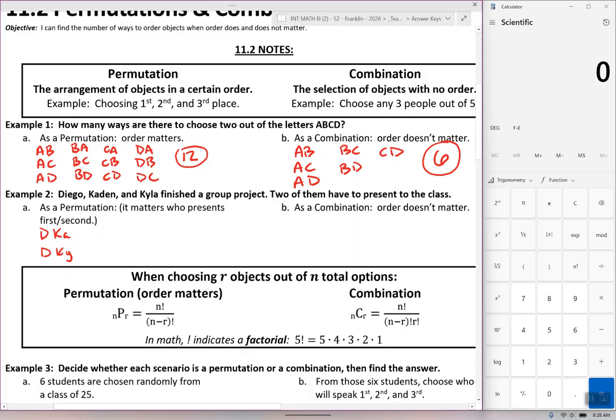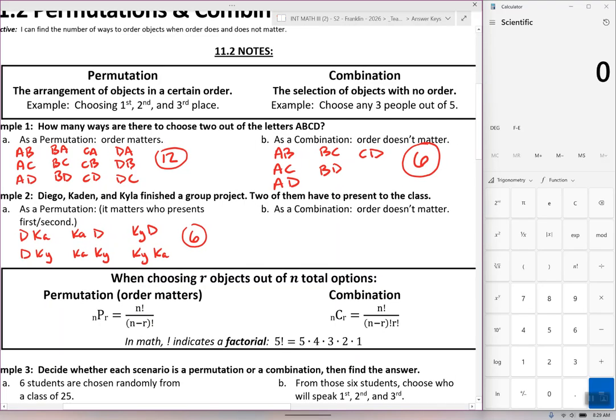If Caden goes first, we could have Caden and Diego, or Caden and Kyla. If Kyla goes first, we could have Kyla and Diego, Kyla and Caden. So there are 6 ways to choose 2 out of these 3 people if order matters, what order they present.